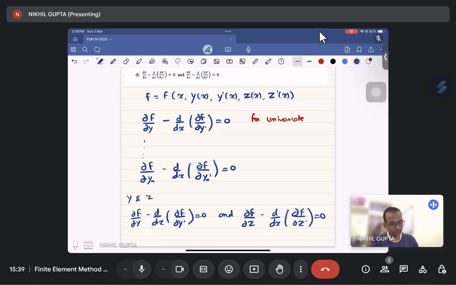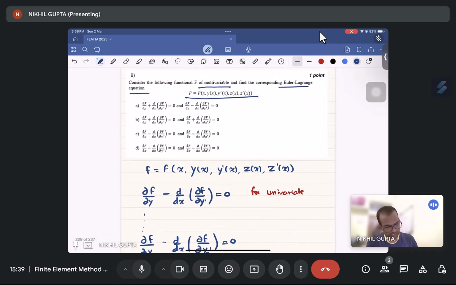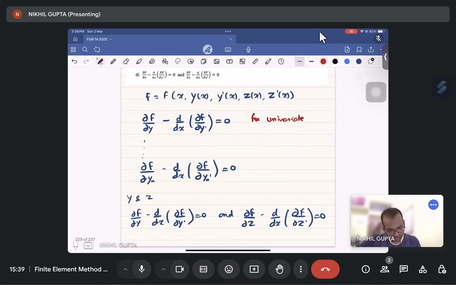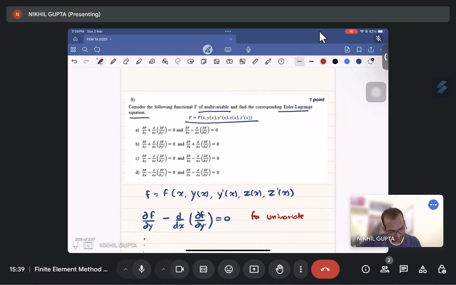So these are the two equations. Now if we see the solution, the first one is not correct because it's coming as minus and here it is positive. In both it is minus, so C is the answer.